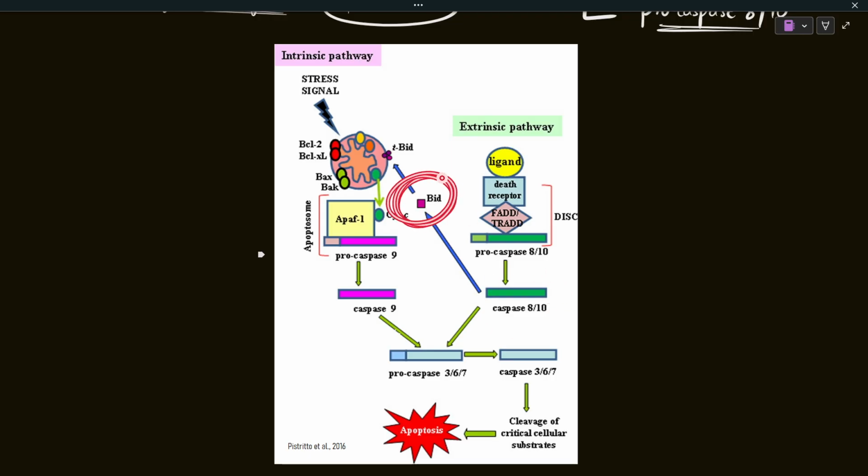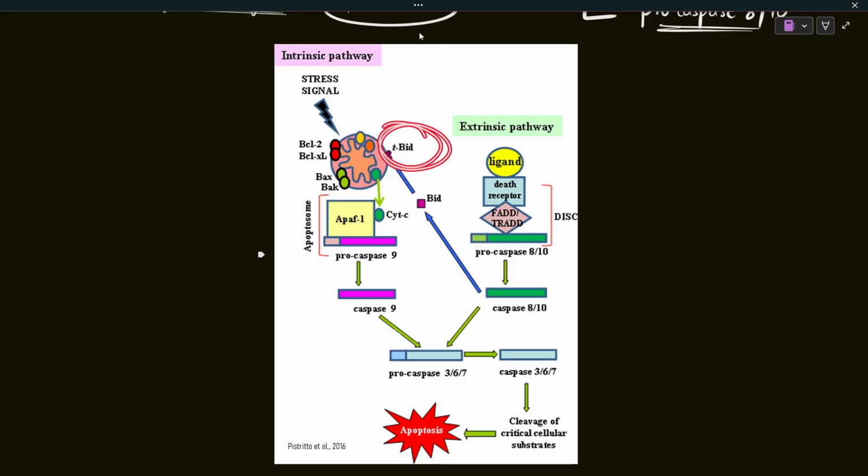and that BCL2 family protein is BID. While explaining the pro-apoptotic factors, I told you to remember this, because it is an important one. BID is the one which helps us to have a crosstalk between the intrinsic pathway and the extrinsic pathway. So the caspase 8 cleaves the BID, this pro-apoptotic factor, and after cleavage it gets converted into tBID.